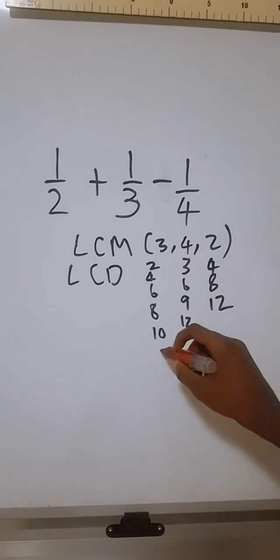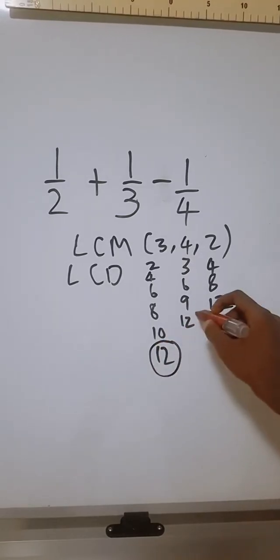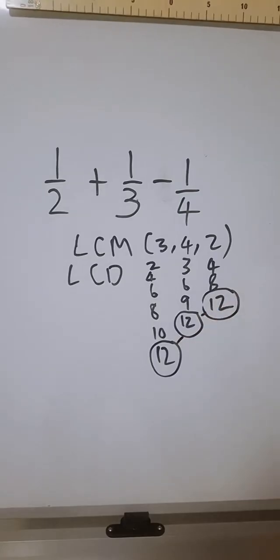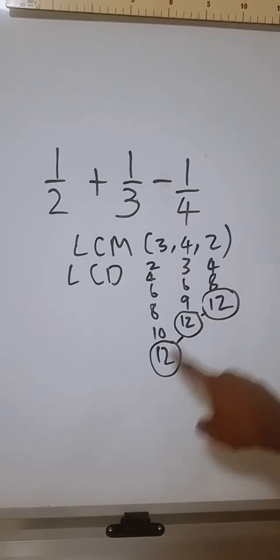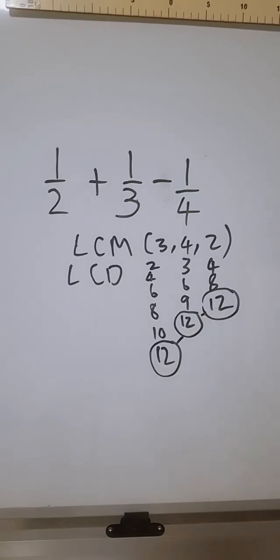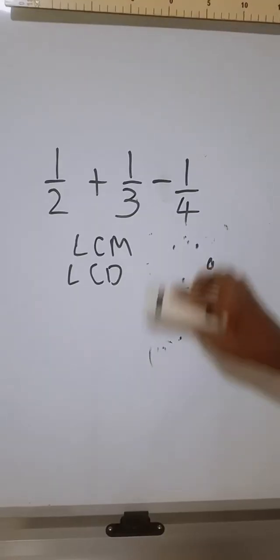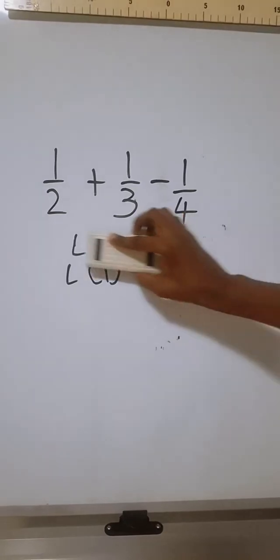So we find that the lowest common multiple between 2, 3, and 4 is actually 12. Now we know that the LCD is 12. We're able to find that out quite nicely and easily.